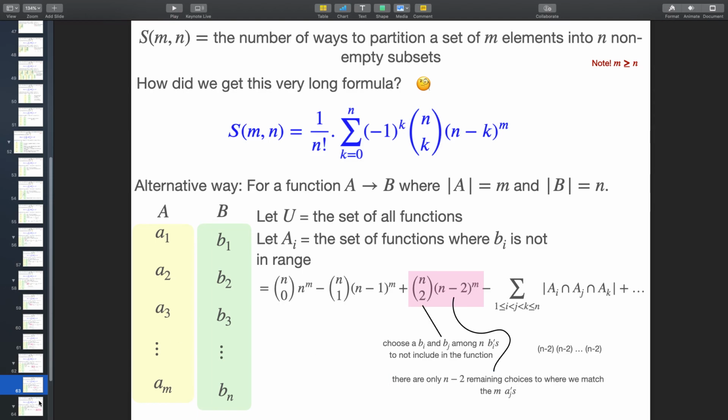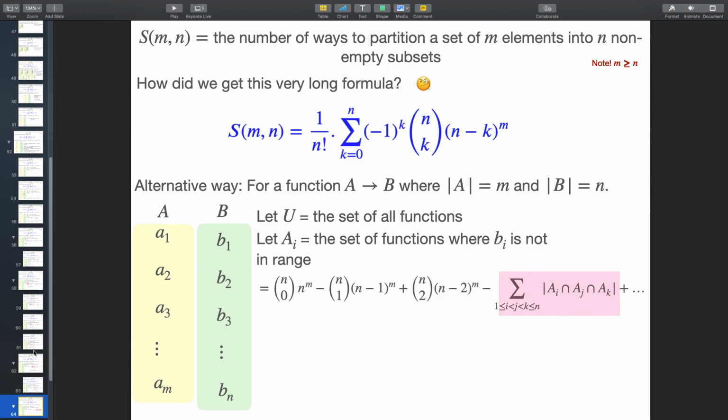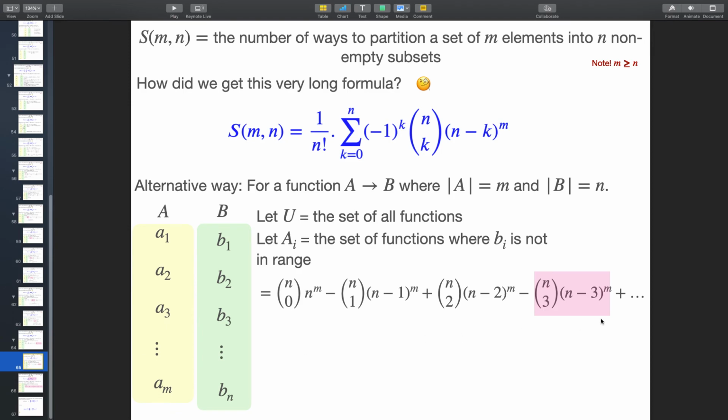So you can imagine, no, na ganun din to compute for this one. That will just be n taken 3 times n minus 3 to the n. I think at this point, apparent na yung pattern. So it will just be the same reasoning for all the succeeding summations. Right? So, ano ba to? Ito actually yung expanded form nito. Nitong part na ito ng formula.